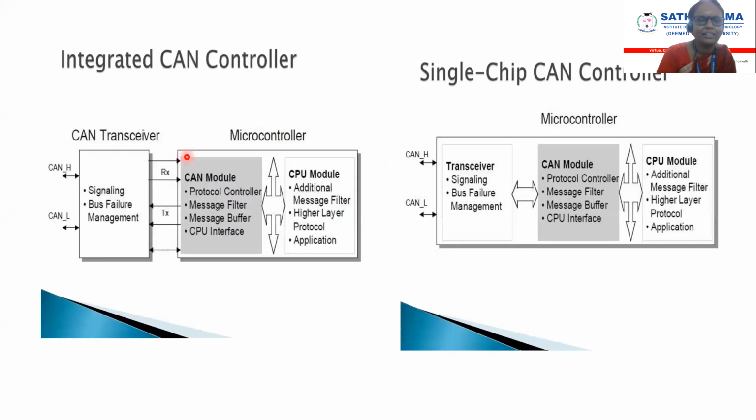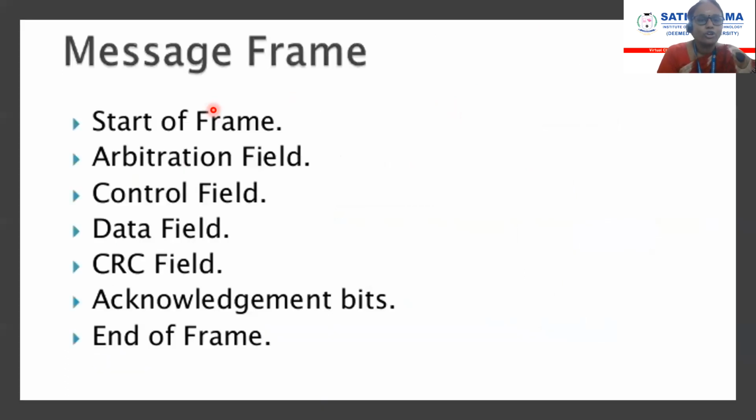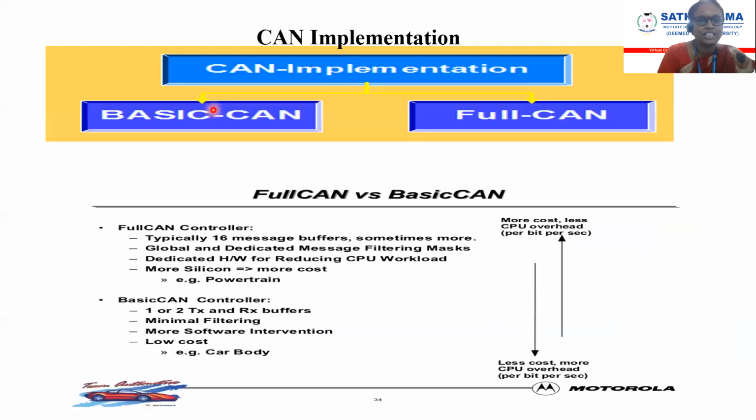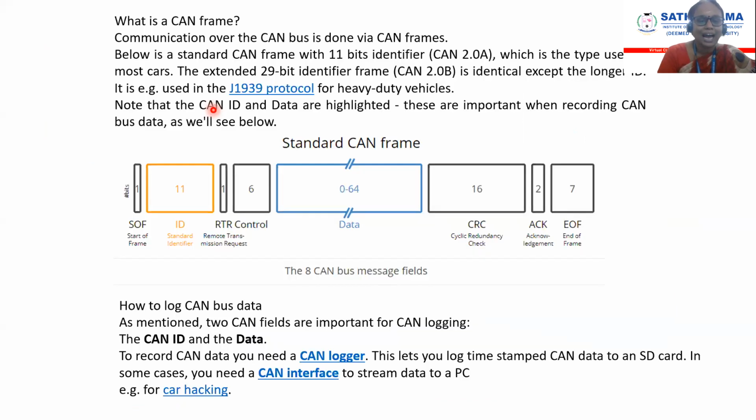In integrated, they will fuse two of these in a single IC. Then in single chip, all this will be fused in a single chip. Then the CAN controller architecture is the same thing only. Now you have to explain the message frame. What are basic CAN and full CAN, how they are differentiated, and what is the CAN frame. For all protocols, the frame is very important.